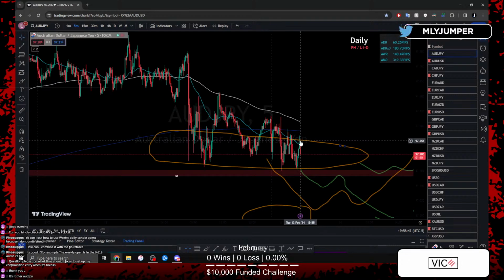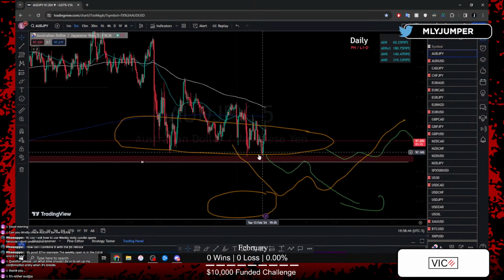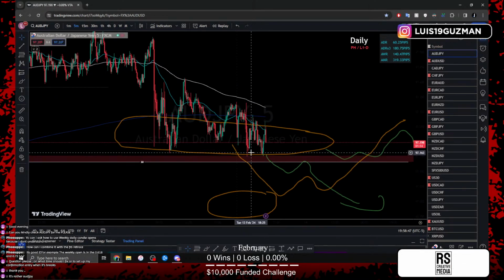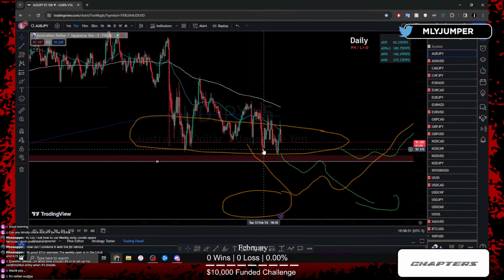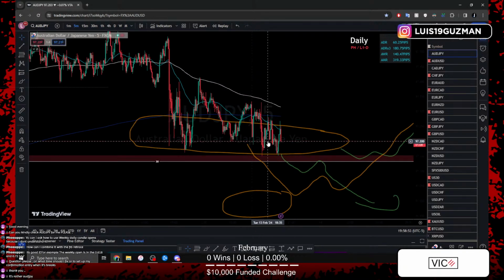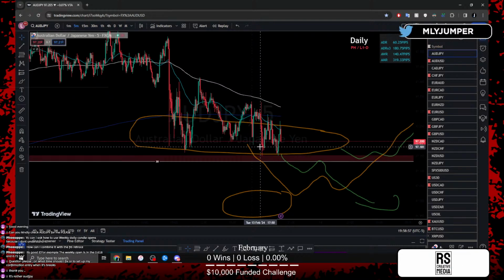So what are you looking for? Once your price is in your point of interest, and for the sake of this trade you're looking for price to go up, are you looking for price to make lower lows and lower highs, or are you looking for price to make higher highs and higher lows?